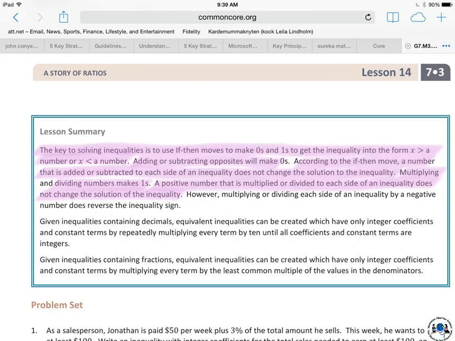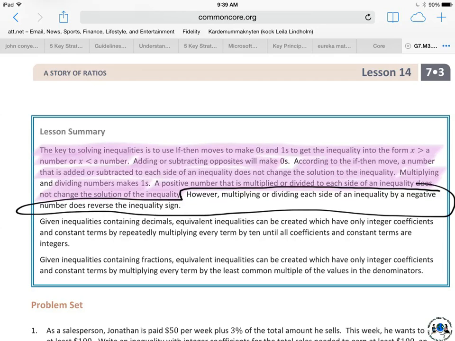Okay, but here is the major point, and if you want to go ahead and highlight this or underline this very, very darkly, it's this right here. However, very, very important, okay? Multiplying or dividing each side of an inequality by a negative number does reverse the inequality sign. Okay, very, very important to note.